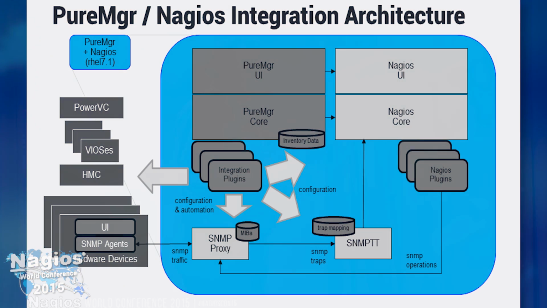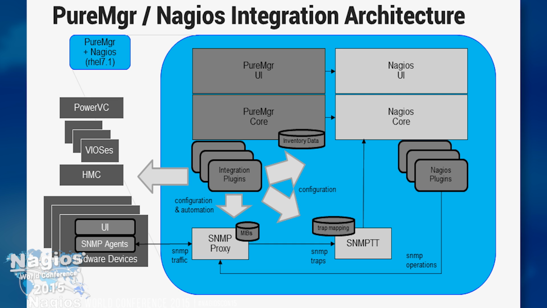So this is where I wanted to get to, how we're building for this, right? So how we integrate PureMgr and Nagios together. Like I said, we have an architecture that has a daemon running alongside the Nagios server, and we have a user interface that launches to the Nagios user interface as well, and we have mirrored plugins as well.